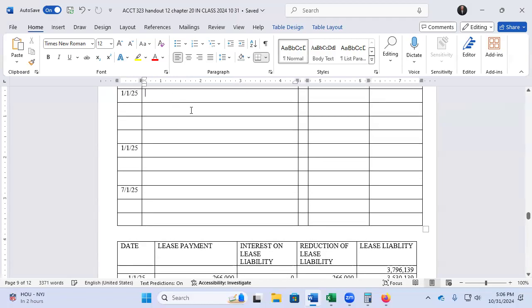So then we go up to make our entries. And so we have right of use asset, and then lease liability. And so that's the 3,796,139.